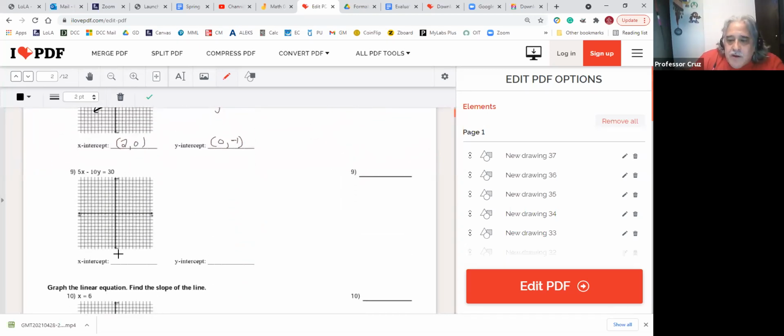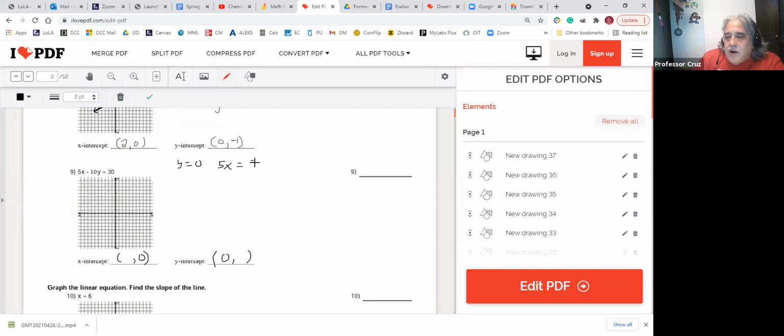So this is the same thing. y is going to be equal to 0 to get the x-intercept. x is going to be equal to 0 to get the y-intercept. So let's just say y is equal to 0. And just remember, when y is equal to 0, this is going to be gone. In other words, you're just going to have 5x equal to 30 left.